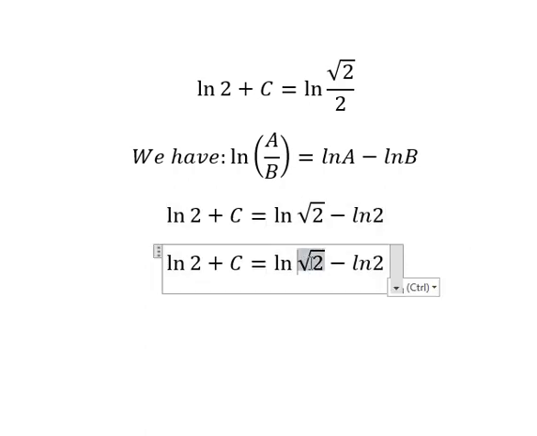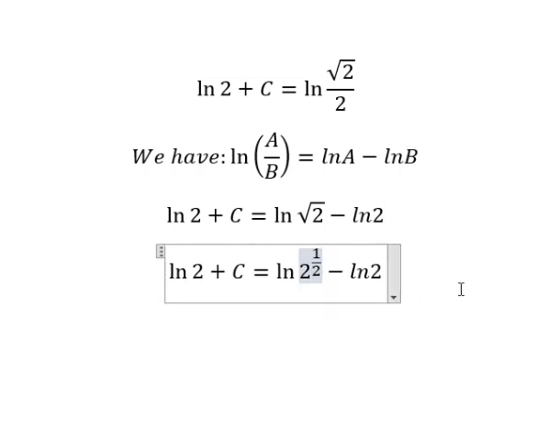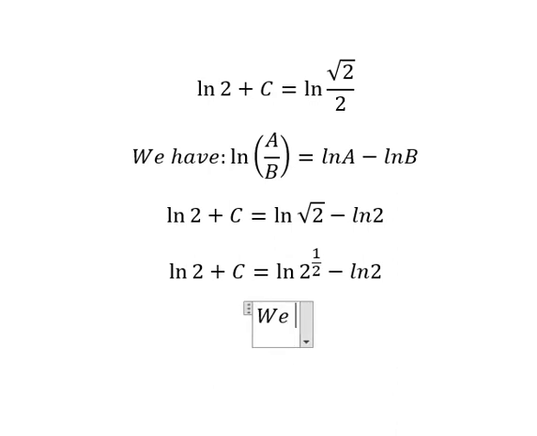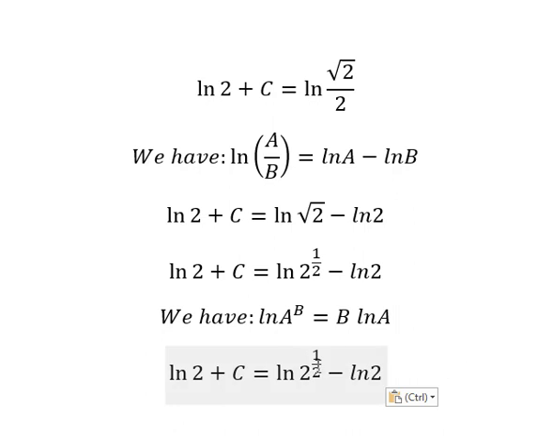We know that the square root, that is number 2 to the power of 1 over 2. So we have the second formula in here. And that is b ln 8. Now we need to transform this one into this one.